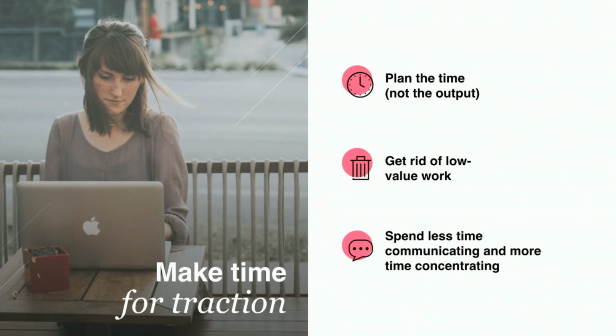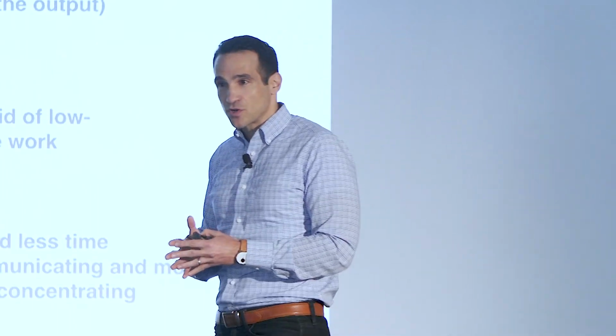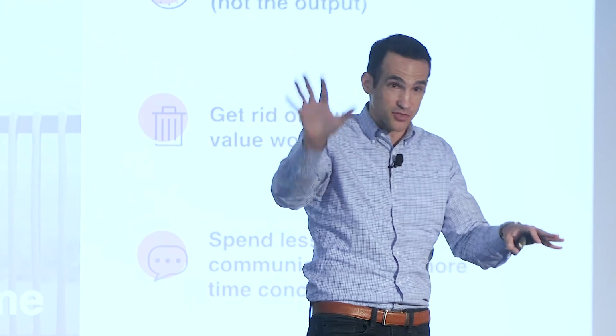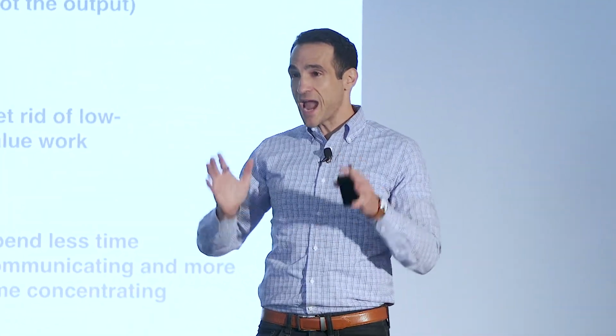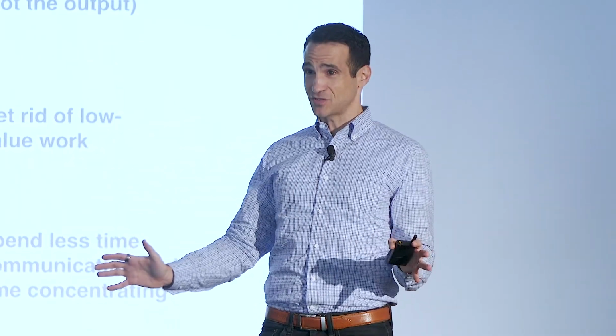And then finally, what we need to do is to spend less time communicating and more time concentrating. The average knowledge worker, after emails and meetings, after just those two tasks of responding to emails and attending meetings, is left with, on average, an hour and a half in every day to do everything else they have to do.